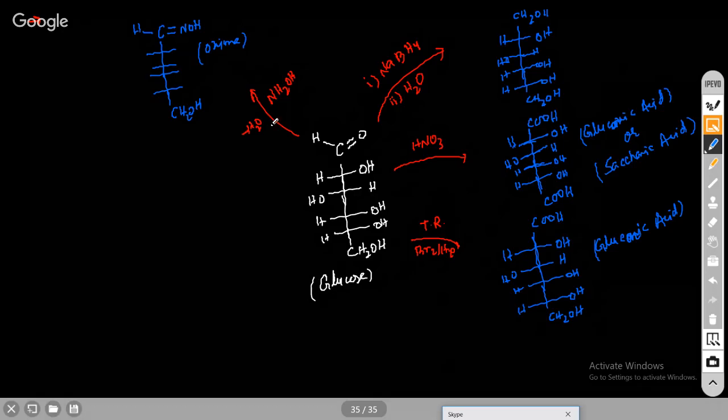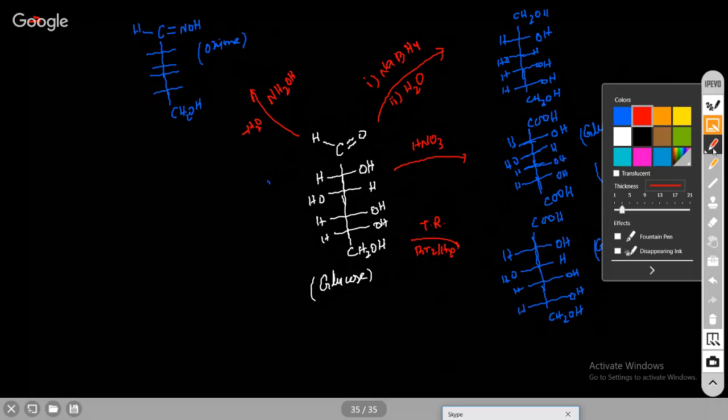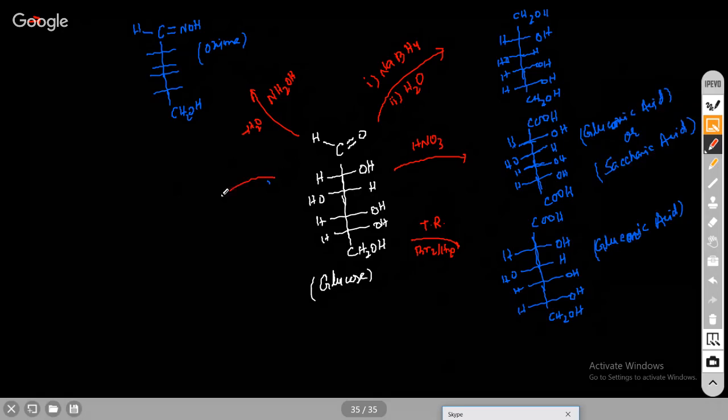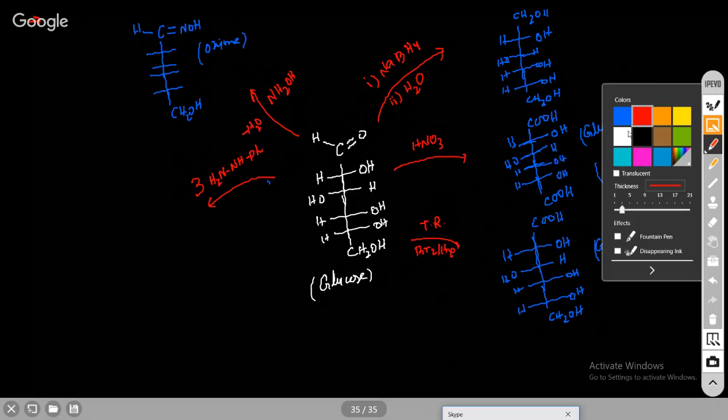Okay. Now when this reacts with the last one, this is important. This reacts with phenylhydrazine, and the formula of phenylhydrazine is what? H2N-NHPh. One hydrogen is replaced by phenyl, so it is phenylhydrazine. Okay, and we take 3 moles of phenylhydrazine here.